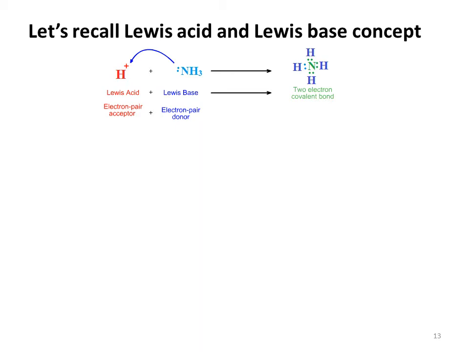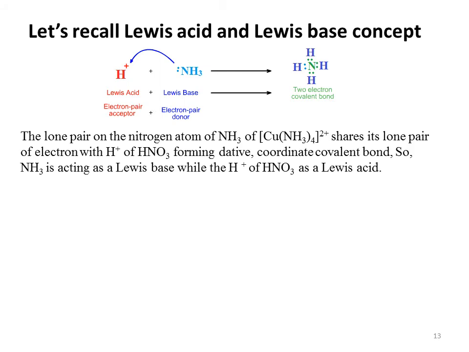In this case, ammonia of the tetraamine complex is acting as a base and sharing its lone pair of electrons with H+ produced by nitric acid, forming a dative or coordinate covalent bond in the produced ammonium ion.